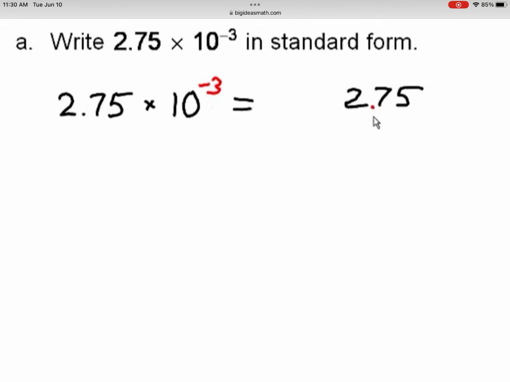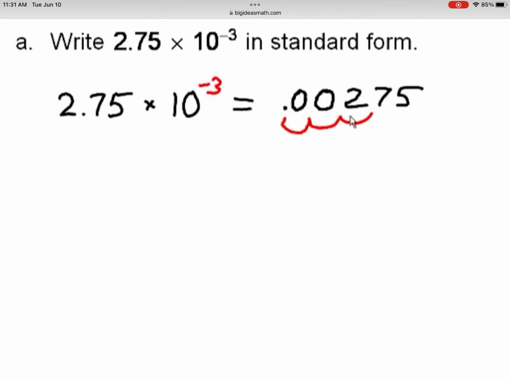Let's show the path. So the decimal point moves from here to here. Now notice that we have places without digits, so we need to write zeros as placeholders. Write a 0 here, and another here.